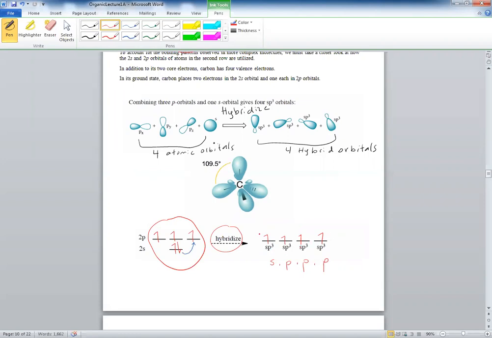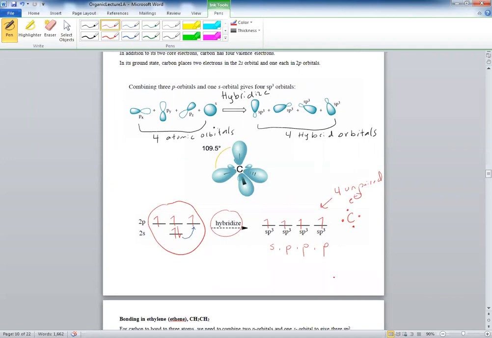Now, this is the big deal. You have 4 unpaired electrons, which explains why carbon has 4 unpaired electrons. Hybridization is important because it takes into account quantum mechanics. And quantum mechanics is the theory that we use in bonding, in chemistry, and in physics.